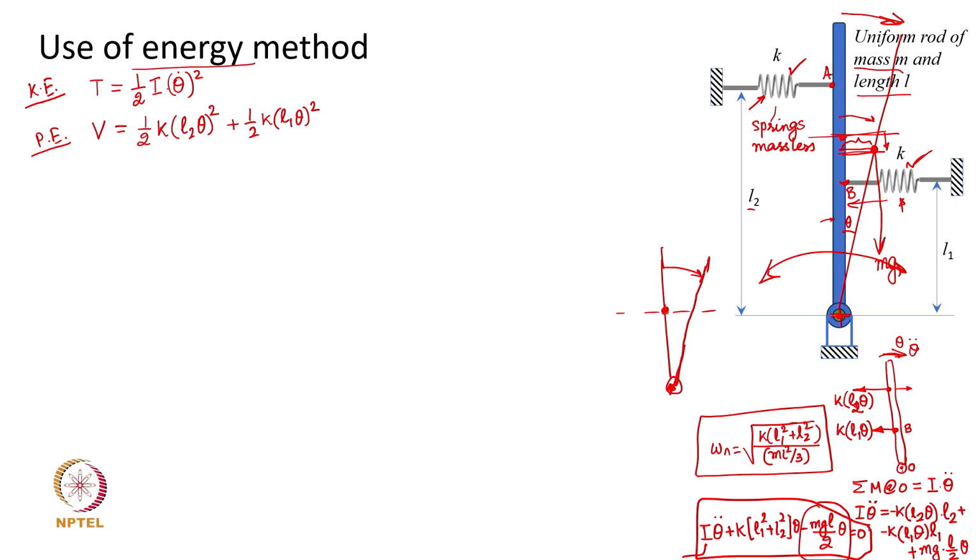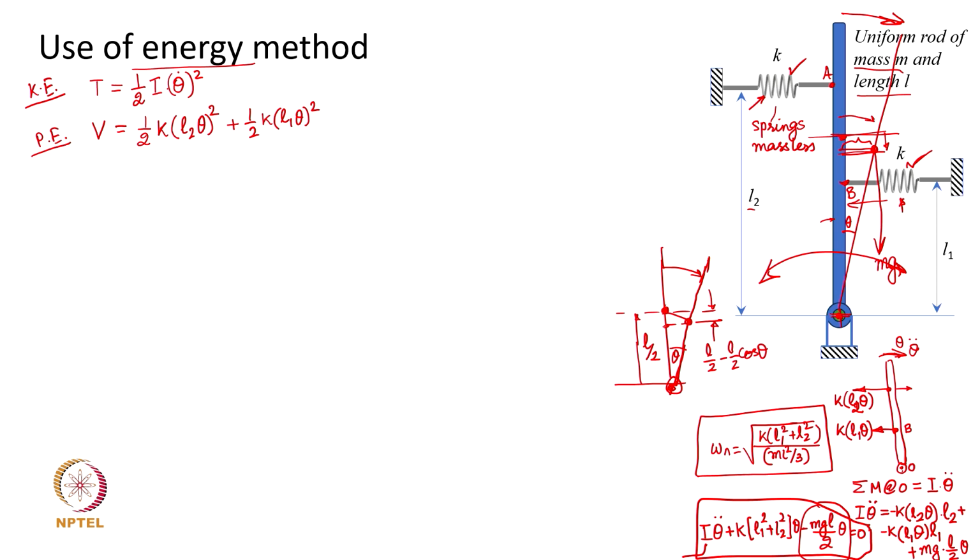So, this gets shifted by this angle, and the drop in its position vertically is going to be, for a small angle theta motion here, and the position of the center of mass is L by 2. This is going to be L by 2 minus L by 2 cos theta, is it not?